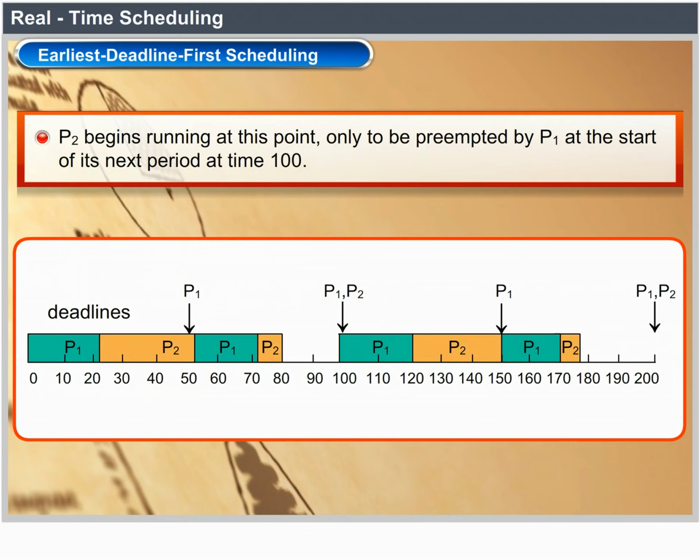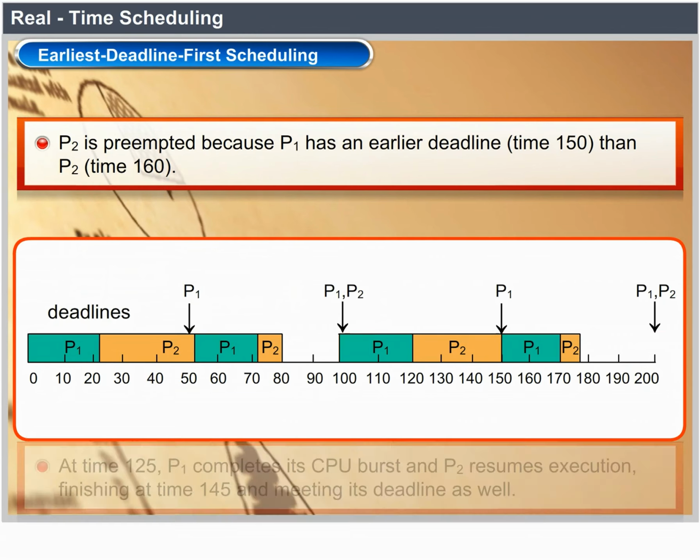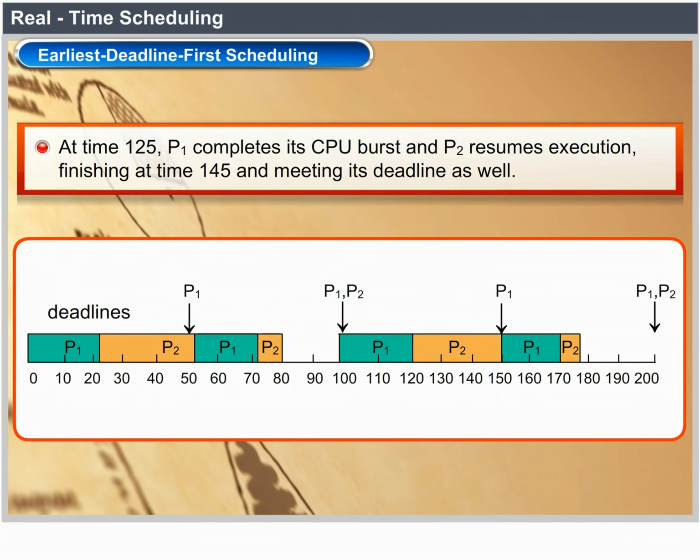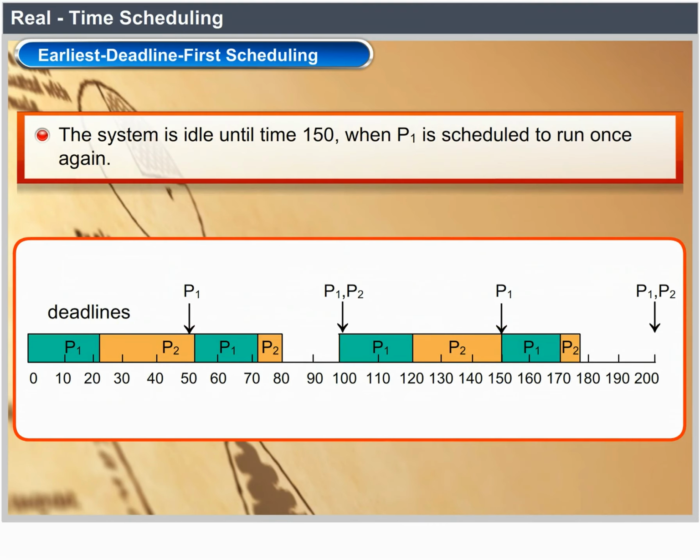P2 is preempted because P1 has an earlier deadline, time 150, than P2, time 160. At time 125, P1 completes its CPU burst and P2 resumes execution, finishing at time 145 and meeting its deadline as well. The system is idle until time 150 when P1 is scheduled to run once again.